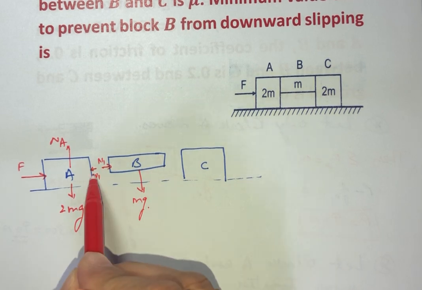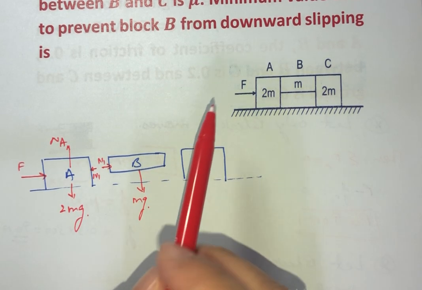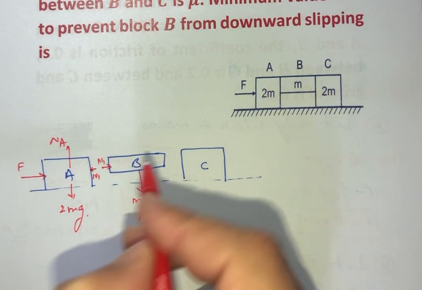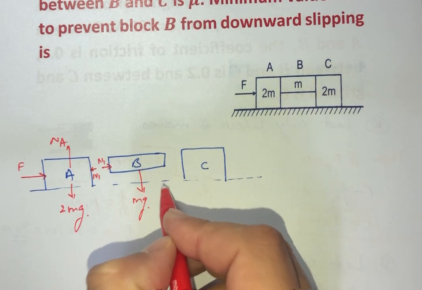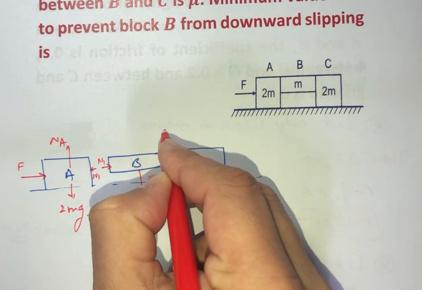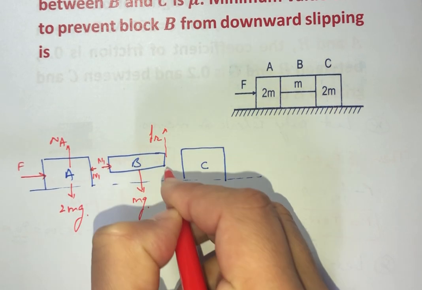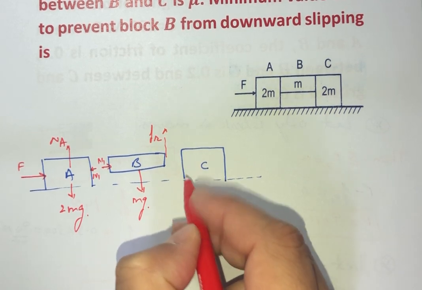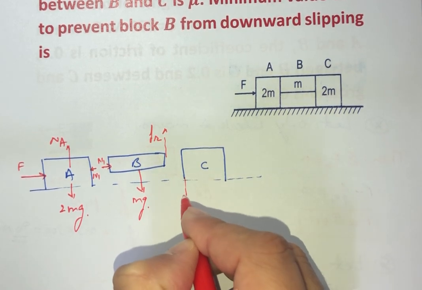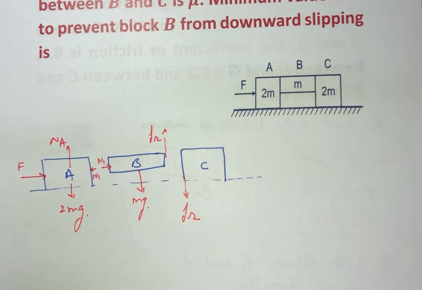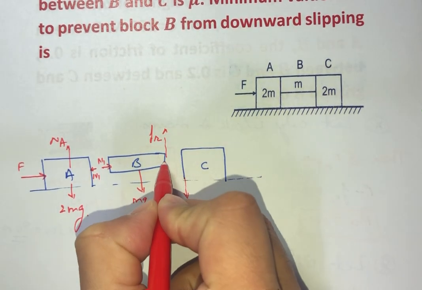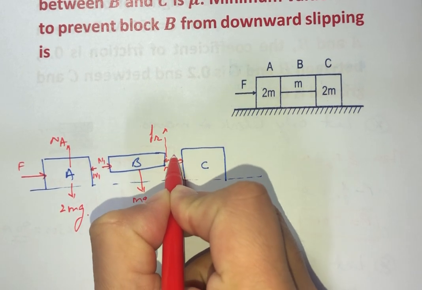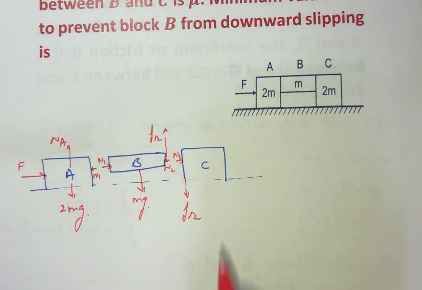It is given that all surfaces are smooth except between B and C. So friction is going to happen between B and C, and if B is moving in the downward direction, let us suppose Fr is the friction force acting on block B, and equal and opposite will be acting on block C. Let us suppose its direction is this way, Fr, and there will be a normal, let us suppose N2, between B and C. Okay.